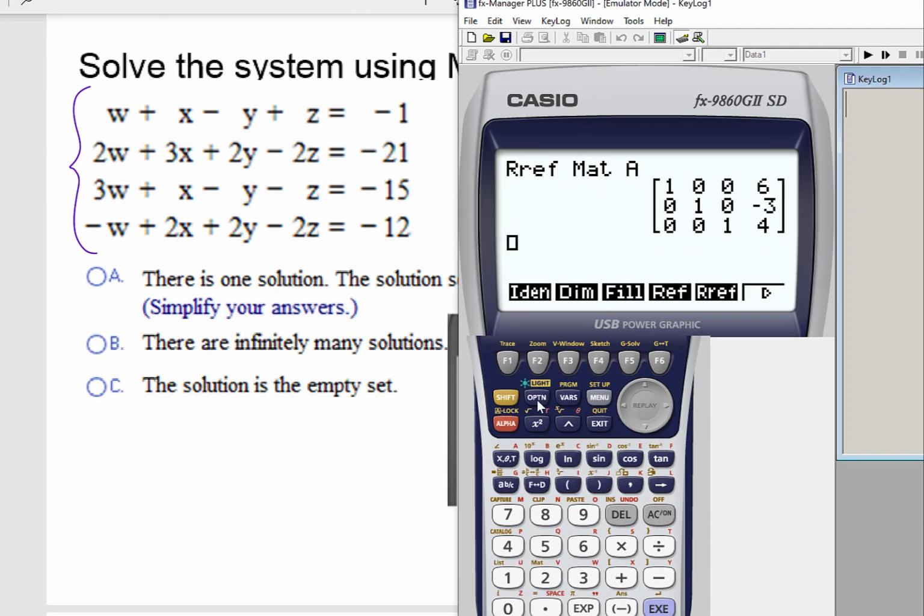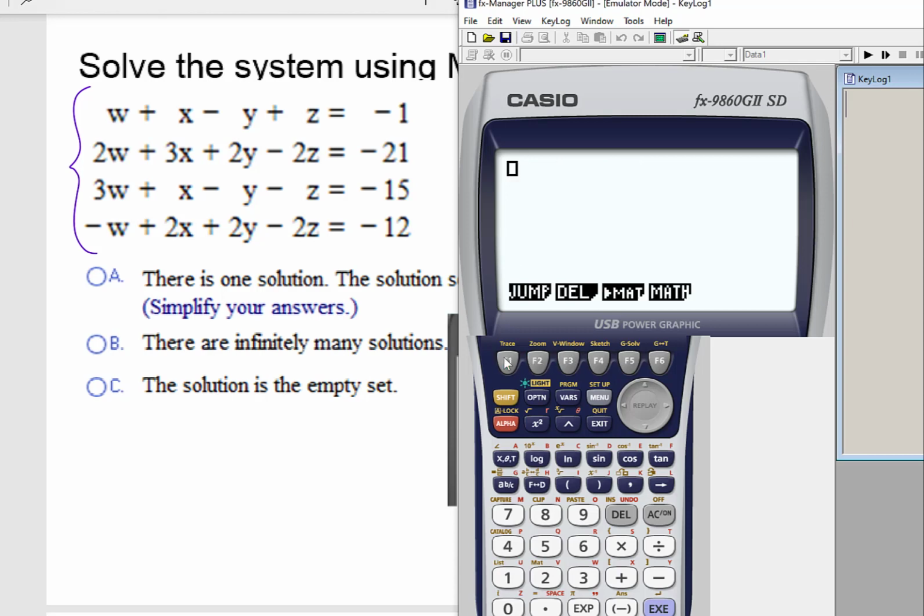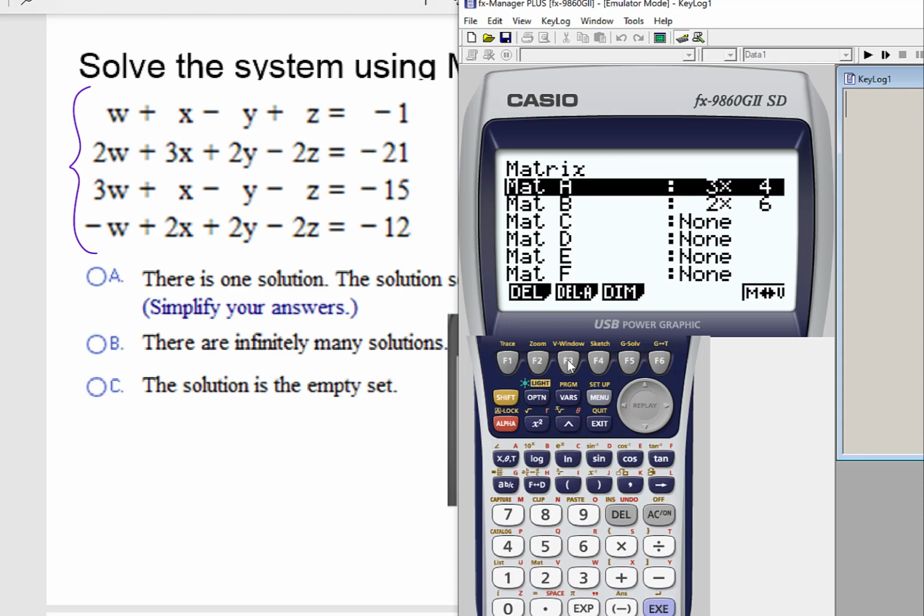Again, to get to that, let's exit out of all this. Okay, F3 for matrix. Notice now we have 4 rows by 5 columns.